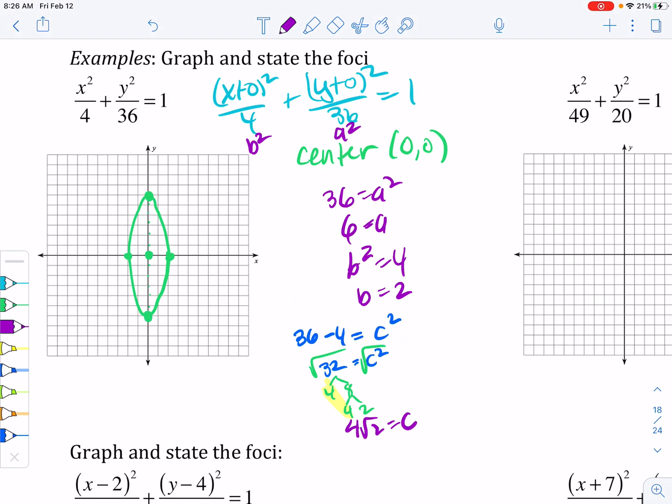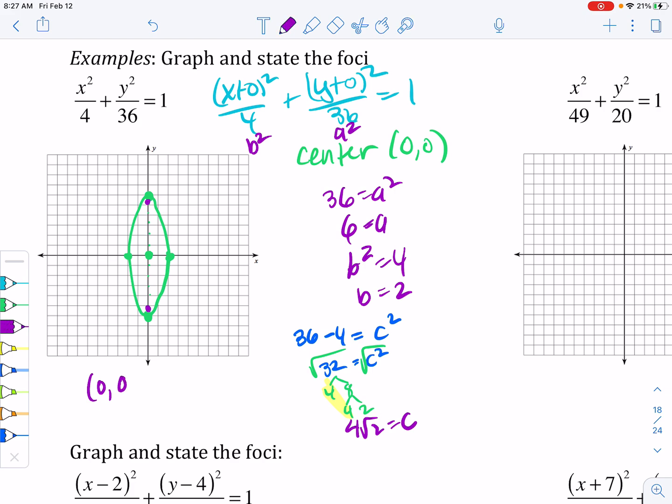So that means I would go up 1, 2, 3, 4, 5.6, so almost all the way. Okay. Now, if we want those points precisely, we take the x value of the center, because that's along our major axis, and then we go from the y value of the center and then up by the foci.